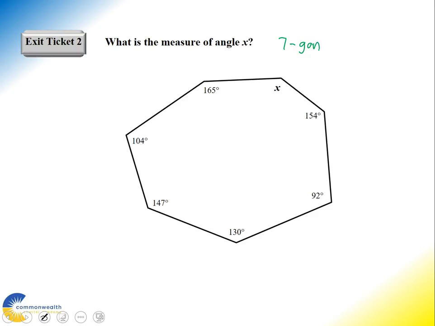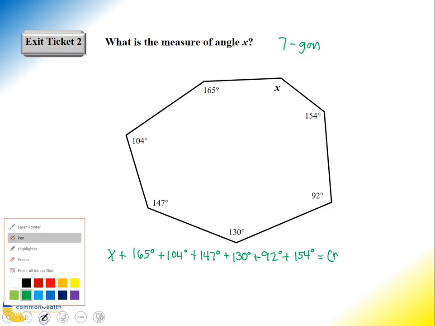I know that x plus 165 degrees plus 104 degrees plus 147 degrees plus 130 degrees plus 92 degrees plus 154 degrees should equal n minus 2 times 180.